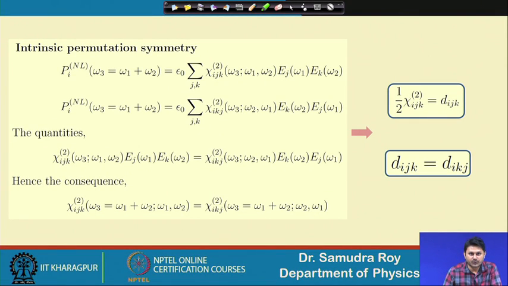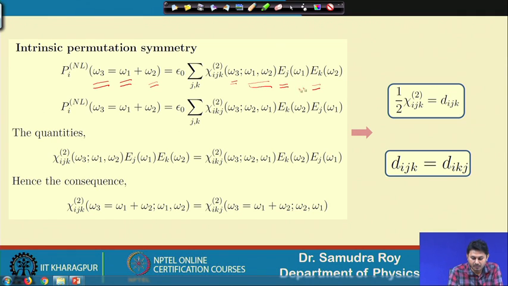Fortunately, we have some kind of permutation symmetry in this particular system. What is the permutation symmetry? Let us write here. Permutation symmetry suggests that if I want to find the polarization at a particular frequency, say omega 3, which is generated due to two waves of omega 1 and omega 2, then I can have the susceptibility with the frequency omega 3, generated by omega 1 and omega 2, with the jth component of the electric field and the kth component of the electric field having frequencies omega 1 and omega 2.